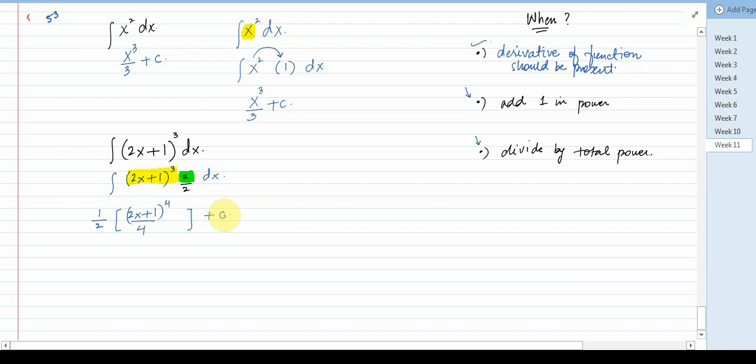Alright, that is the integration of this part. The derivative of this function is present here, so you can integrate. By integrate I mean that you can add 1 to the power and then divide it by total power. These are the two steps that we were following in the last couple of classes. So the final answer is (2x+1) to the power 4 divided by 8 plus c.